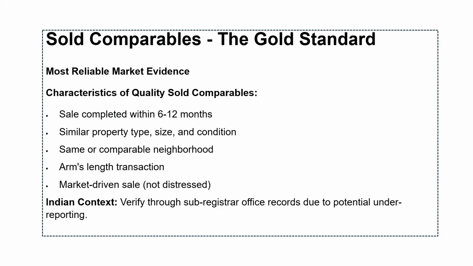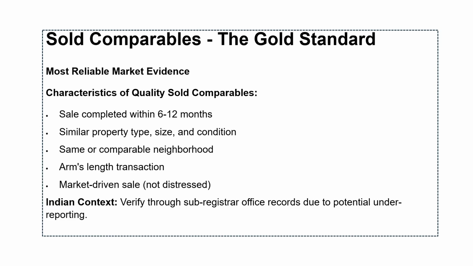Then same or comparable neighborhood, that we have discussed. And then arm's length transaction, that is, it is not done between related parties but between parties who are completely unaware of each other. This is basically for transparency, that we have discussed before in the last class also, that the transaction takes place between two parties who are totally unaware of each other.